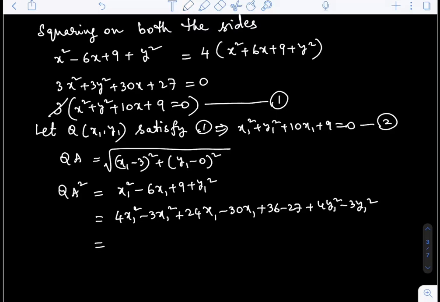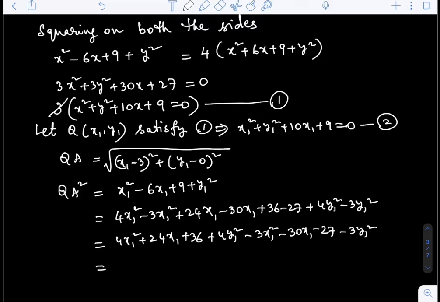And afterwards, I am rearranging all the terms like this. That is 4x1 square plus 24x1 plus 36 plus 4y1 square minus 3x1 square minus 30x1 minus 27 minus 3y1 square here.